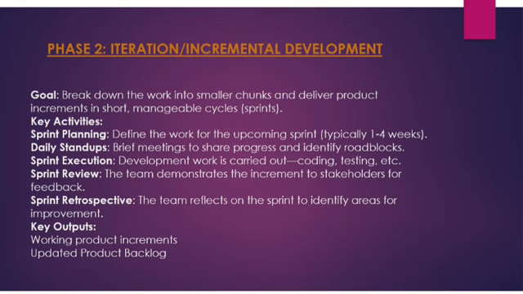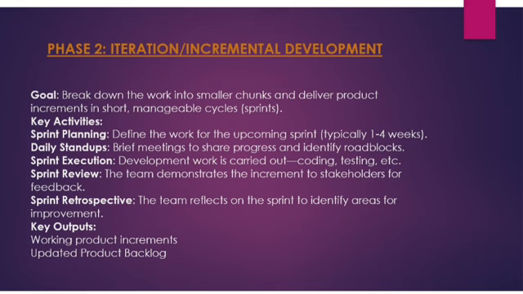The second phase focuses on how the product is developed through smaller manageable chunks or sprints. Next is the iteration incremental development phase. This is where the actual development happens. The team works in sprints, which are short cycles, usually lasting 1 to 4 weeks.